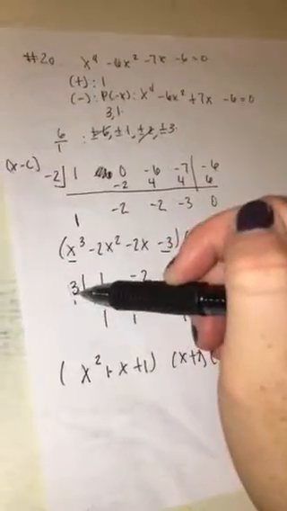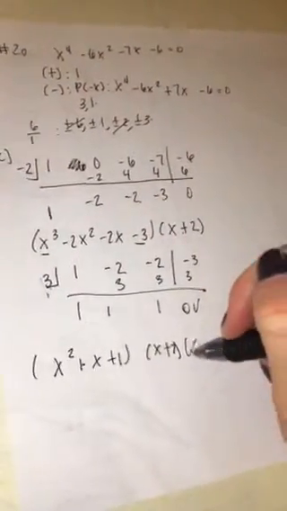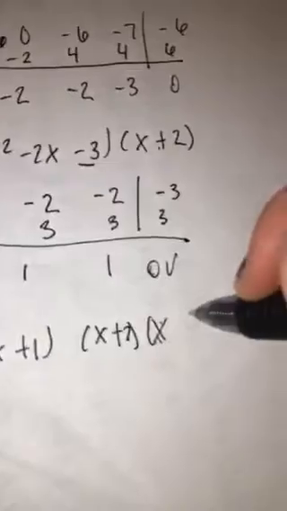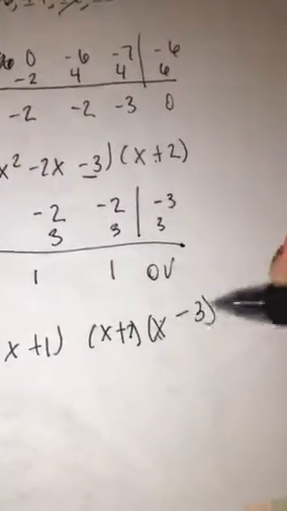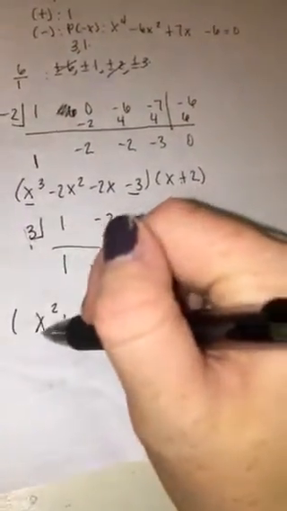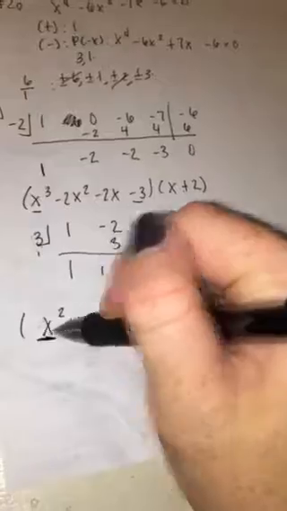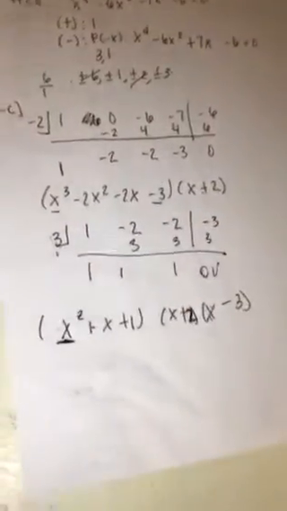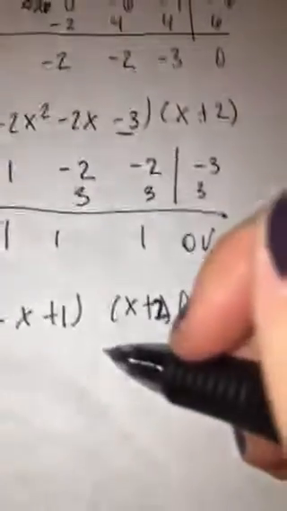And since it's a positive 3, it'll become x minus 3. That's a 2 right there. Okay. So now since you have an exponent of 2, you can go through and do the quadratic formula. So we're going to go up here.